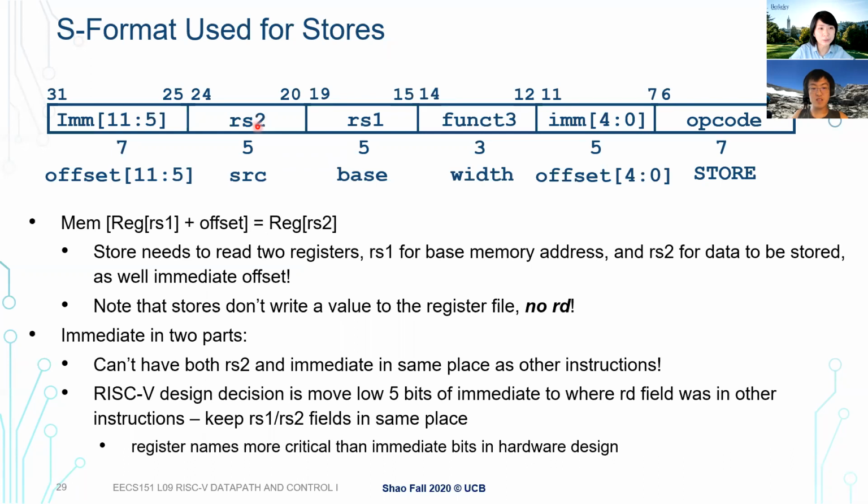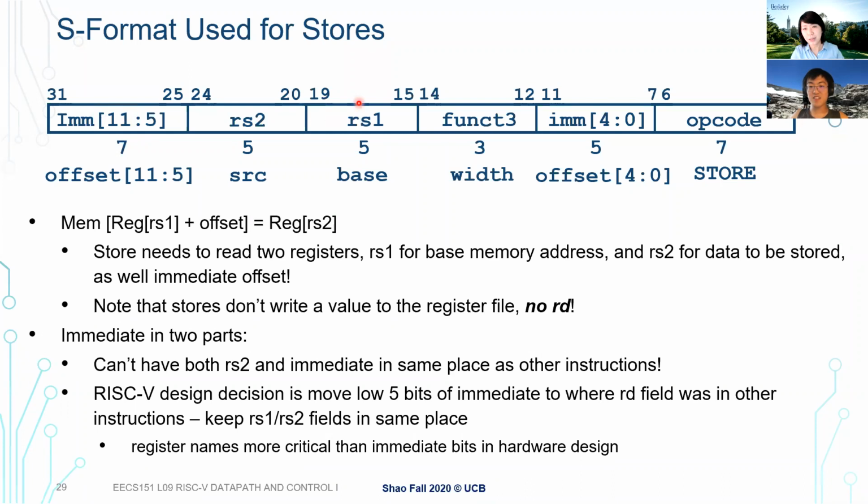To store the immediate, you may notice this very weird format where, instead of having a contiguous immediate region, we separate the immediate, where the upper 7 bits are stored in the same location where we have been storing the immediate, as we have been seeing before.